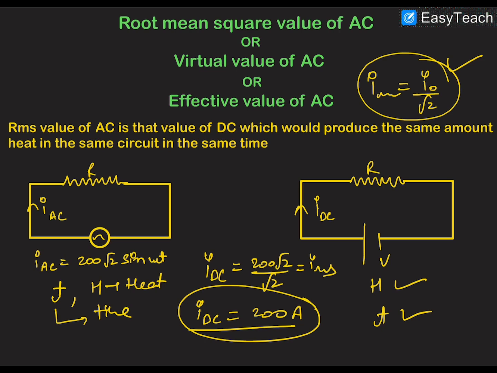So it is very important to note that if nothing is said about the ammeter or voltmeter, you have to consider that ammeter or voltmeter as an AC ammeter or voltmeter in AC circuits, and hence you would assume the reading of those meters as the RMS value of voltage or current.